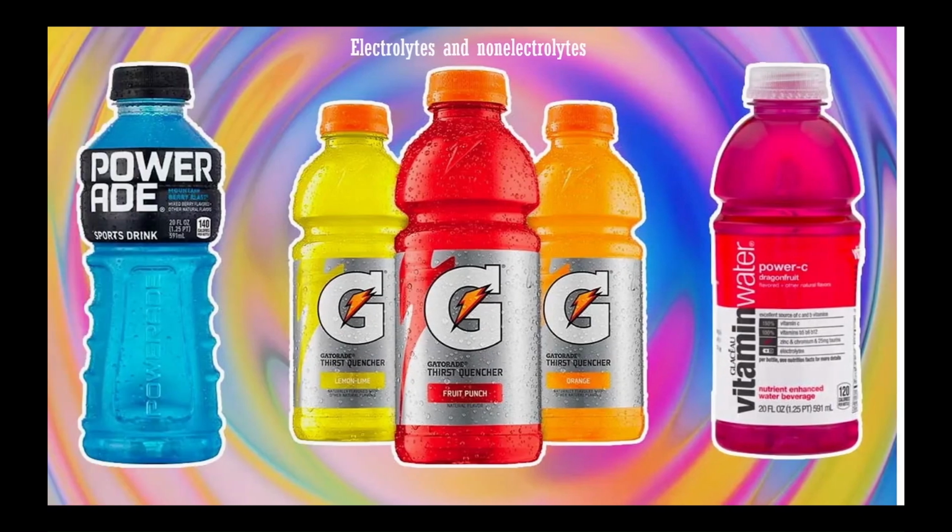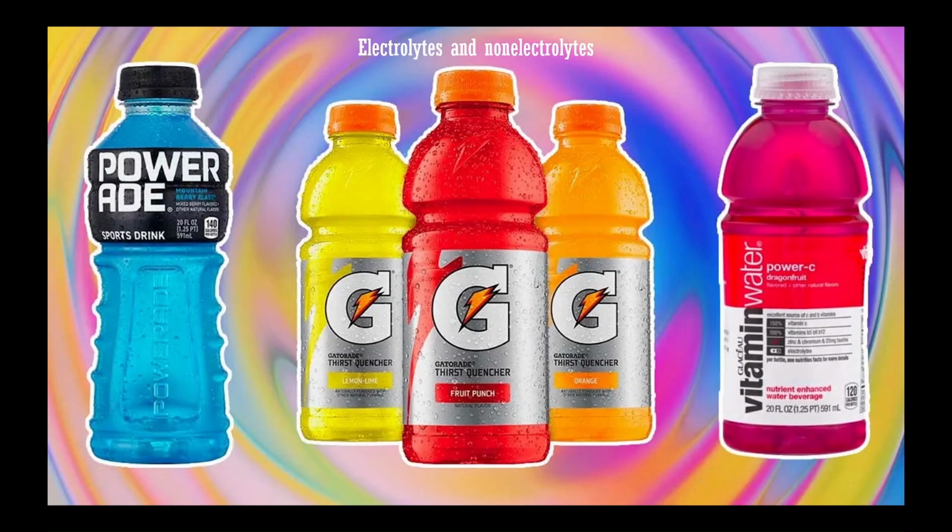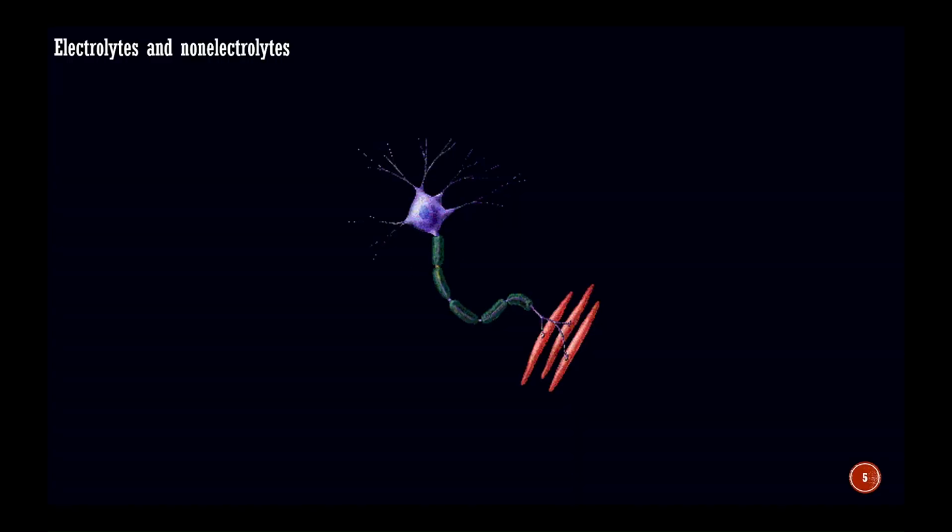Before we move on to studying chemical transformations in aqueous solutions, we should learn about the classification of water-soluble substances as electrolytes and non-electrolytes. You may already be familiar with electrolytes in the context of sports drinks like Gatorade. Electrolytes in body fluids are essential for transmitting electrical impulses, which are critical for physiological processes such as nerve signaling and muscle contractions.